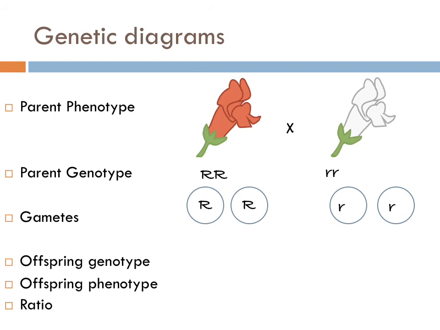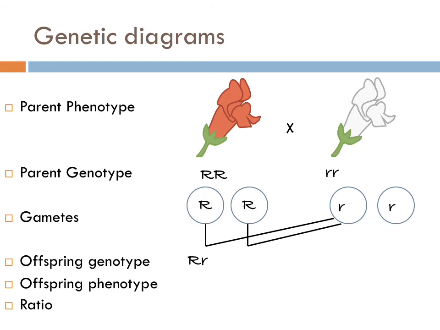Now we're going to see what could happen. Let's say one of them is a sperm cell, or actually, these are flowers, so it's correct to say one of them is a pollen grain that is going to fertilize an egg cell. So this capital R is going to meet with that small r, giving us this genotype, capital R small r.